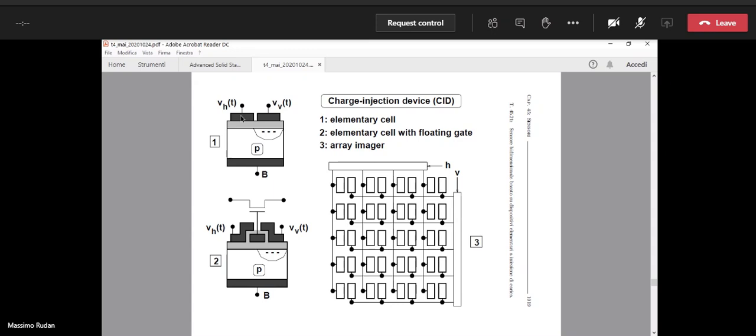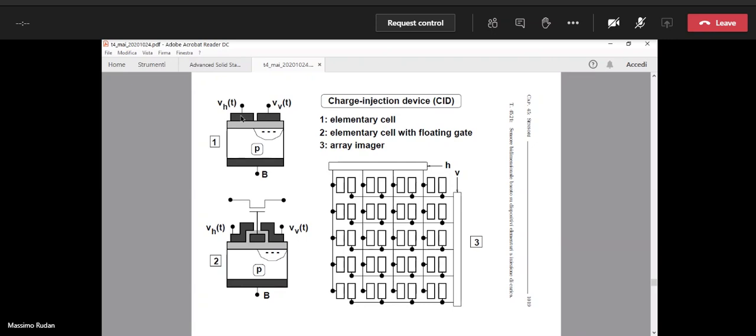So now assume that we are operating the CID as described before. So we start with an inverted layer present under the gate on the right. Then we put the gate on the left to a high voltage, so we equally distribute the charge. Then we put the right gate to low, so we force the charge to shift completely from right to left, okay?